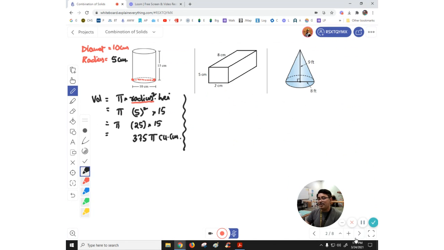Coming to the next one, I see that this one is a prism because there is no pointed tip. Therefore, volume of a prism equals area of base multiplied by height. You know, it is not necessary to take this one as the base.